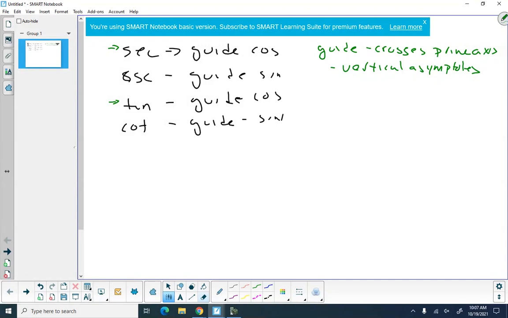When you're talking about secant and cosecant, your graphs will be asymptotic parabolas. When you're talking about tangent and cotangent, tangent goes from upper right to lower left. It's a cube function. When we look at the cotangent, we have upper left to lower right.